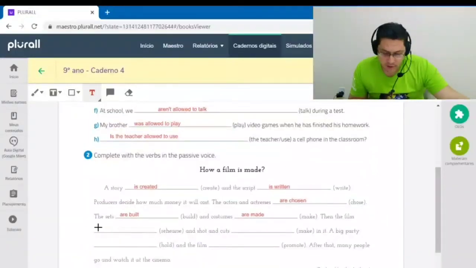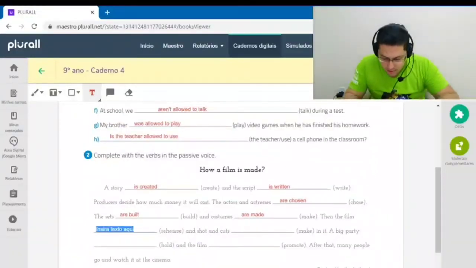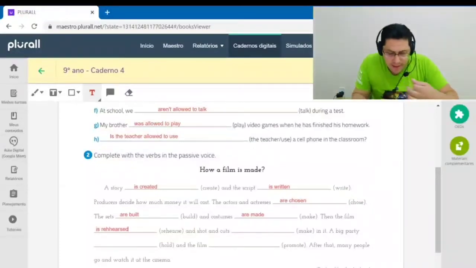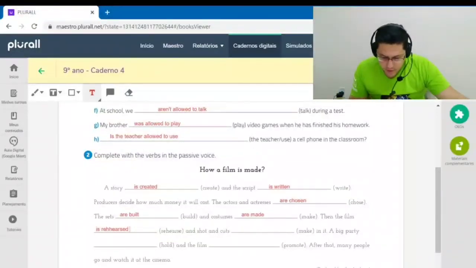Then the film is rehearsed and shot and cuts are made. Então o filme é ensaiado.